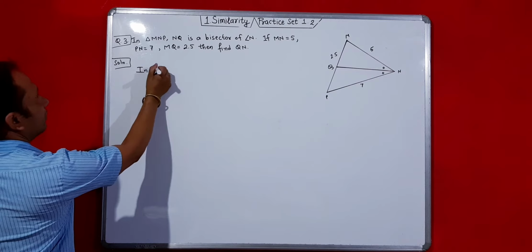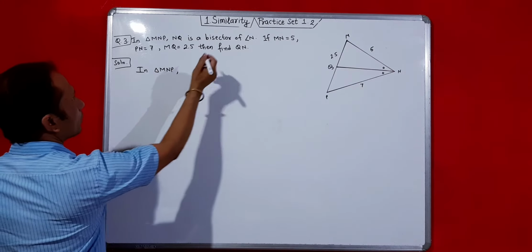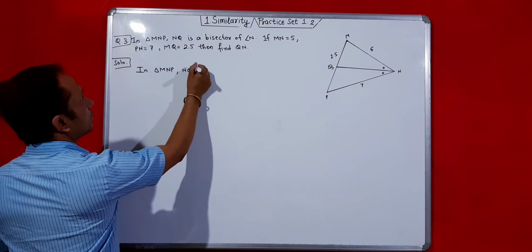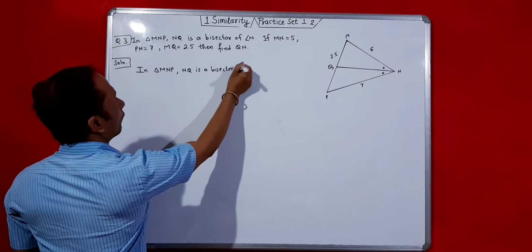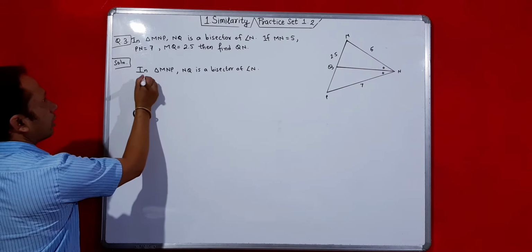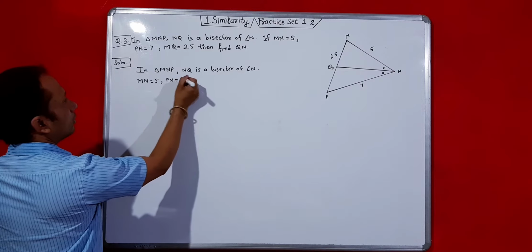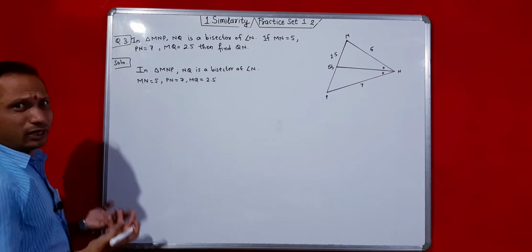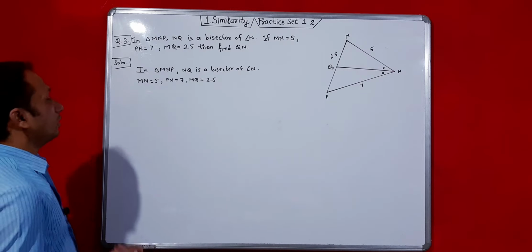In triangle MNP, NQ is a bisector of angle N. Then what is given? MN is 5, PN is 7, MQ is 2.5. So given you can write very easily. Don't forget to write the given, it is very easy, just copy it.